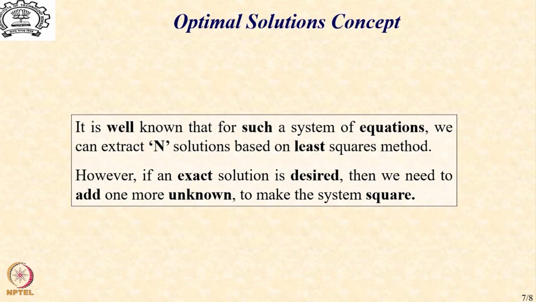For that we need to ensure the addition of this additional variable in a particular manner so that the solution that we get from such a formulation is exact. We will first look at this aspect through a strategy, and then we will also look at the other possibility of dropping one equation and still hoping for an exact solution. So please note, our objective is to get an exact optimal solution either through dropping one equation or through adding one additional variable.